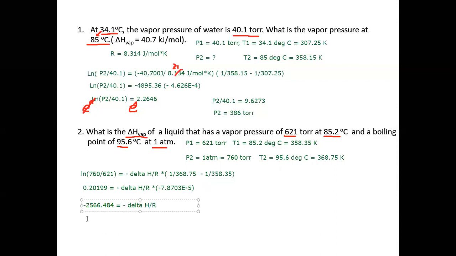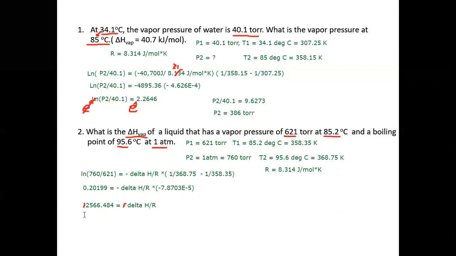Now R is a constant. Remember, R is 8.314 joules per mole Kelvin. So now we're going to multiply both sides by R. And notice here that the negative sign here and the negative sign here cancel out because two negatives cancel each other out.